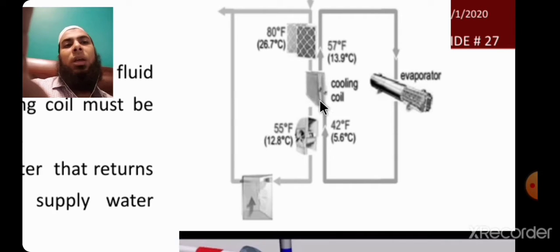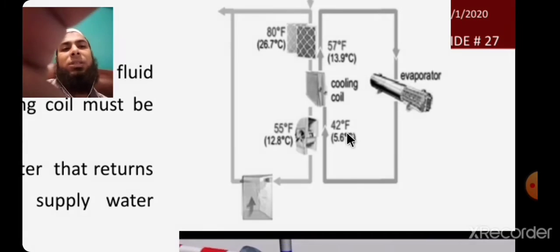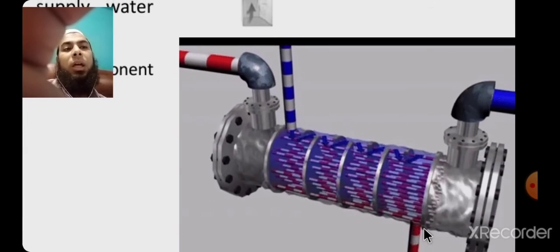It is increasing its own temperature, not changing its phase. Whereas in the refrigerant loop, the refrigerant itself does not increase its temperature, but it changes its phase. The incoming refrigerant is in liquid form, but the outgoing refrigerant is in gas form.